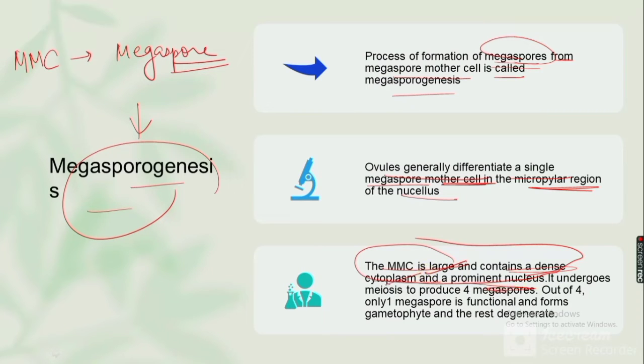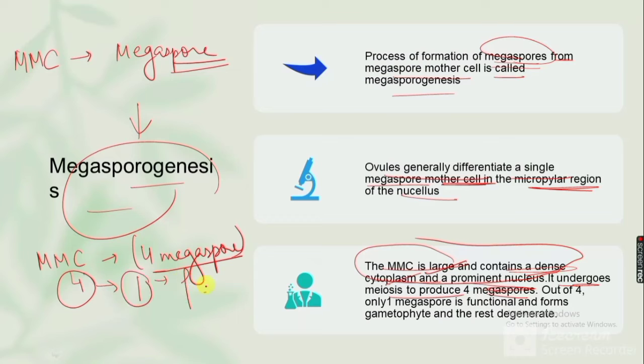It undergoes meiosis to form four megaspores. Out of the four, only one is functional and forms the gametophyte. The other three degenerate.